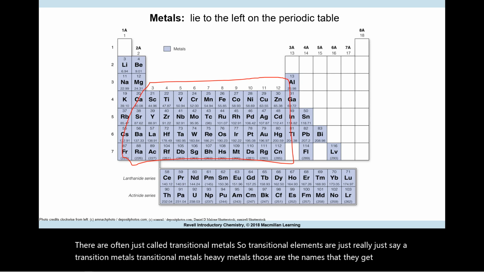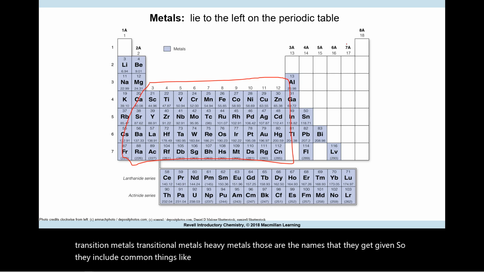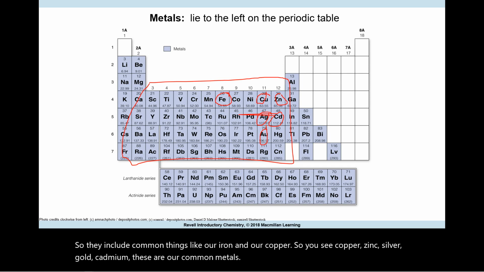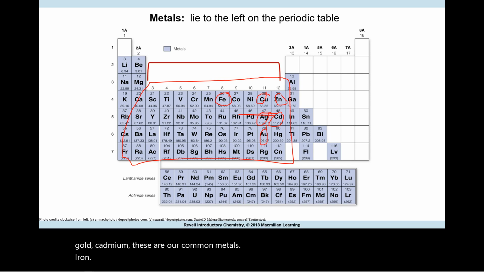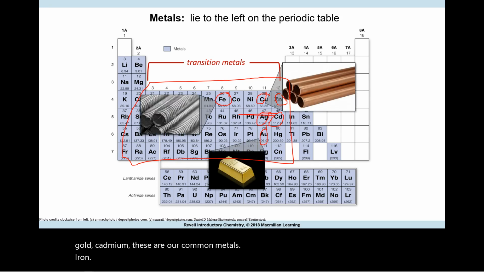They include common things like our iron and our copper. So you see copper, zinc, silver, gold, cadmium. These are our common metals. Iron. Okay. So little images of them.